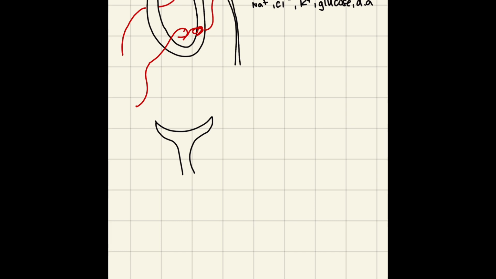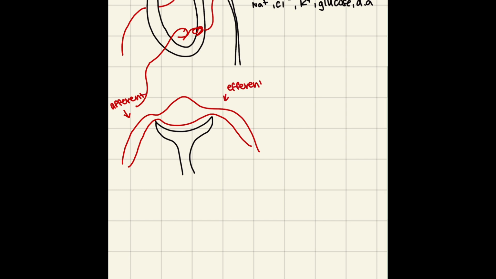That's our nephron now, and this is our arteriole. This side right here is the afferent arteriole. This side right here is the efferent arteriole. Just to simplify it and make it a little bit easier to comprehend what's going on, so that I can explain without being confused.